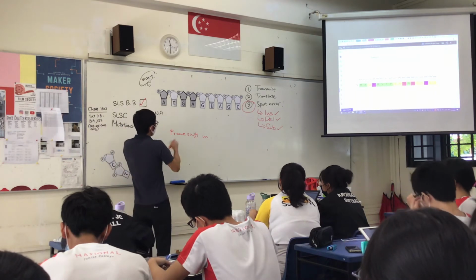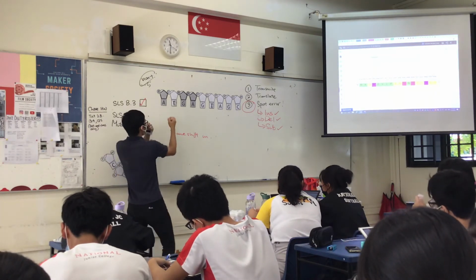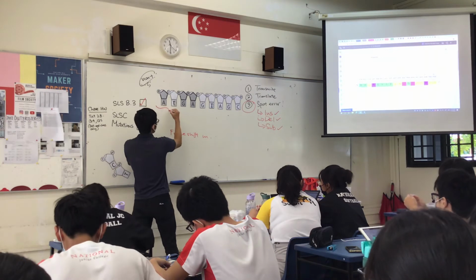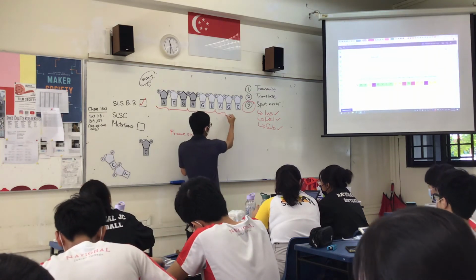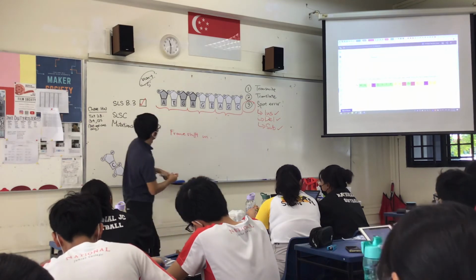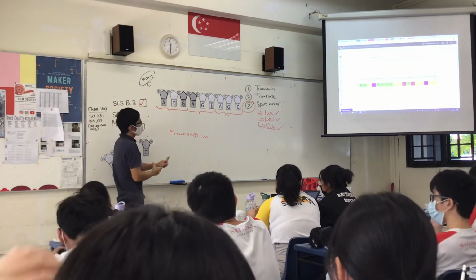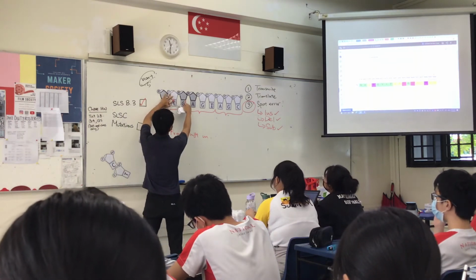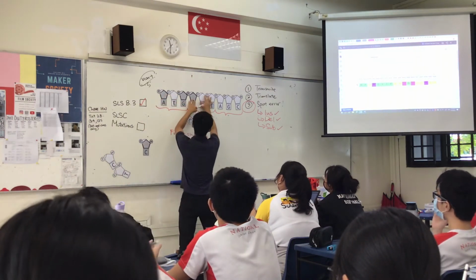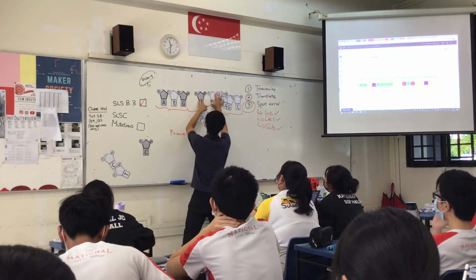Right now, the frame of reading goes like that. This is amino acid number 1, amino acid number 2, amino acid number 3. Okay? What happens if I insert? Okay, let's say I'm going to insert now. Insert somewhere over here.